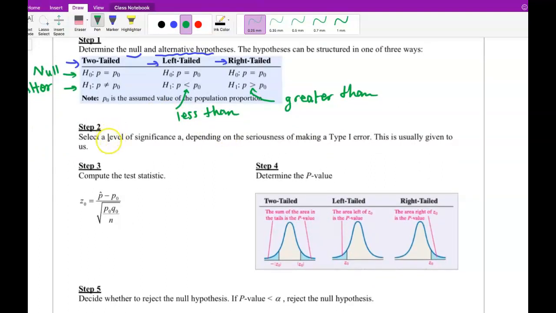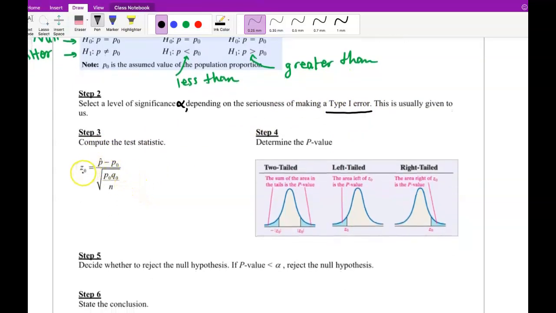Now step 2, we should select a level of significance, shown with alpha. Alpha depends on the seriousness of making a type 1 error. Then step 3, compute the test statistic.